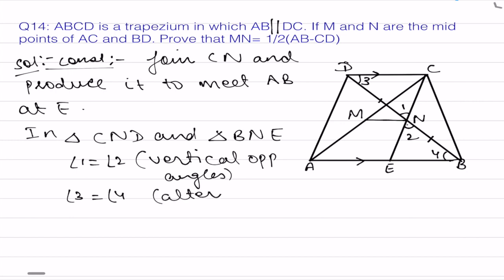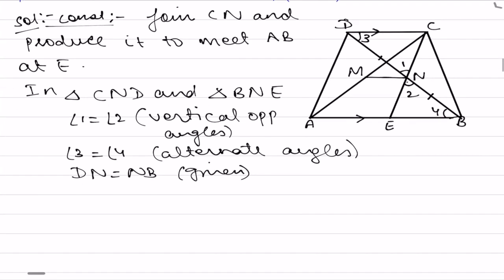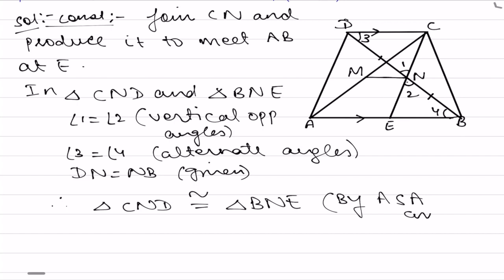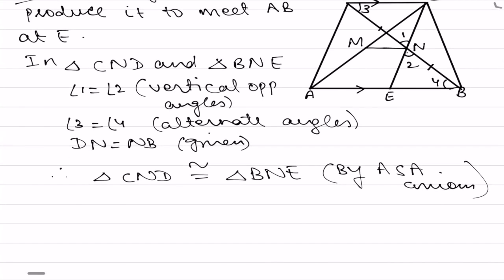Angle 3 and 4 are alternate angles, and DN equals NB, which is given. Therefore, triangle CND is congruent to triangle BNE by ASA axiom: two angles and the side lying between the angles.